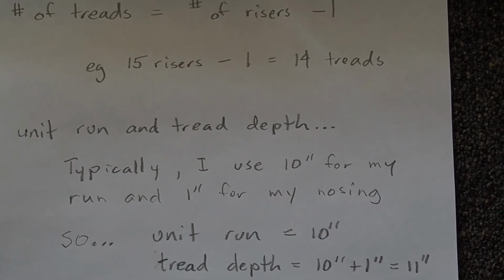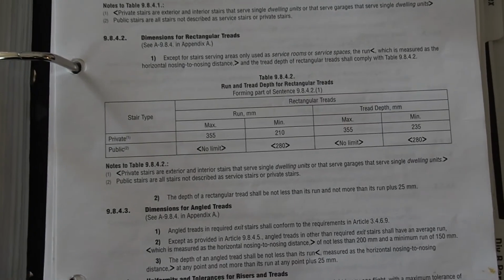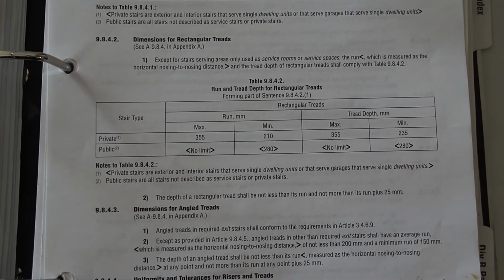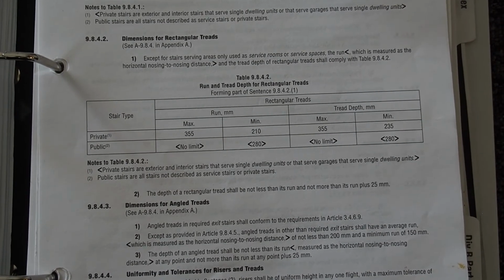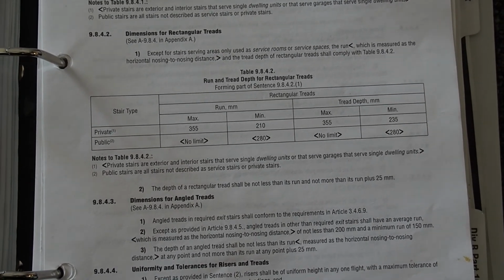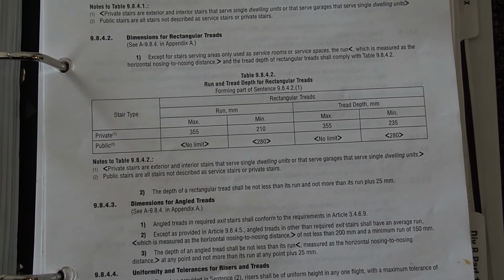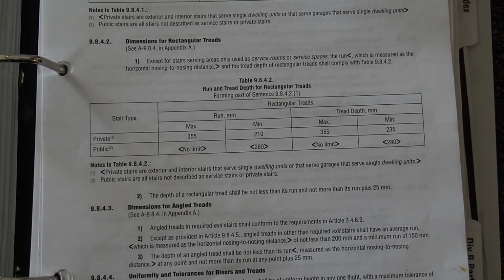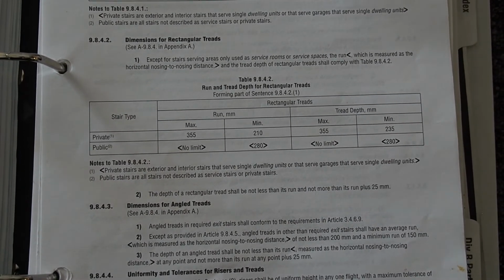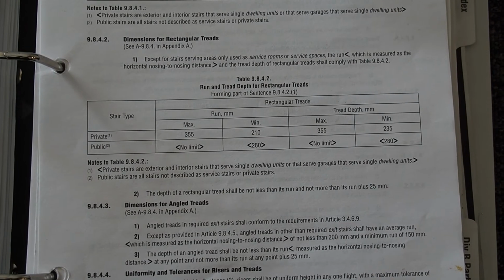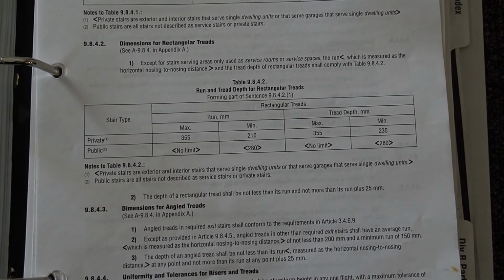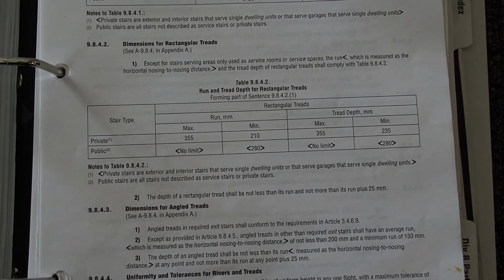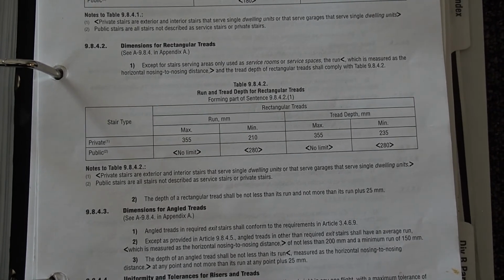Please note that just like riser boards, the building code has limits on how big the tread can be, both a maximum and a minimum. And just like risers, there's different numbers for private stairs and for public stairs. For private stairs, the maximum run is 355 millimeters, and the minimum run is 210 millimeters.